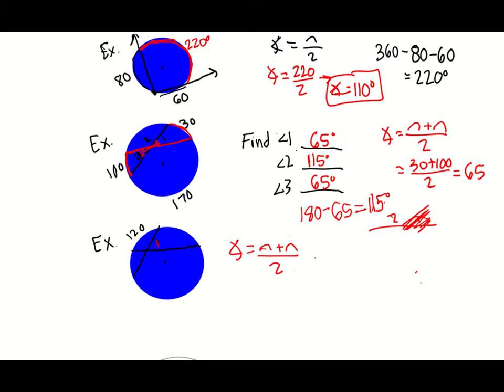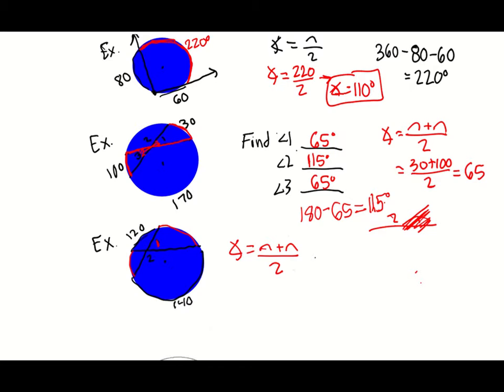So if this is our angle 1 right here, we don't have this arc or this arc to figure out what that angle is. But I do have these 2 arcs on the other side. So I could figure out what, let's call this angle 2. I could figure out angle 2, and from there I can figure out angle 1.